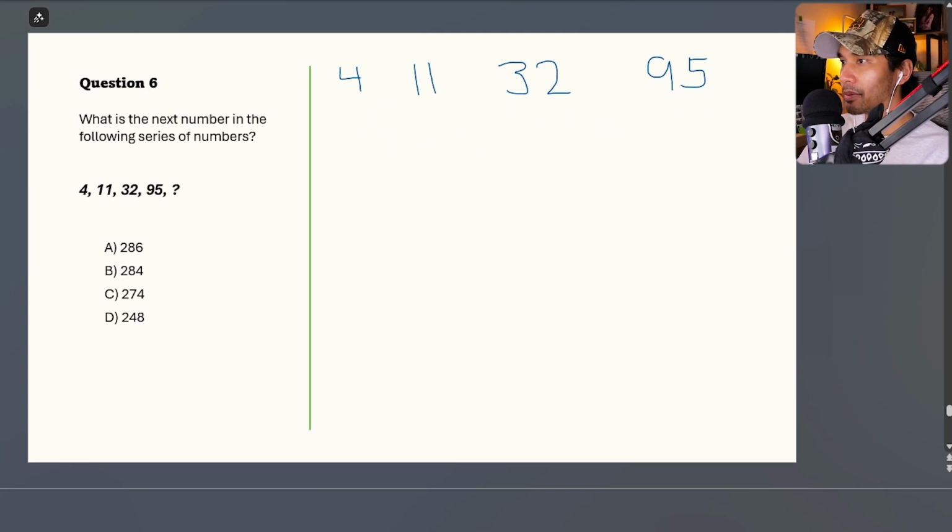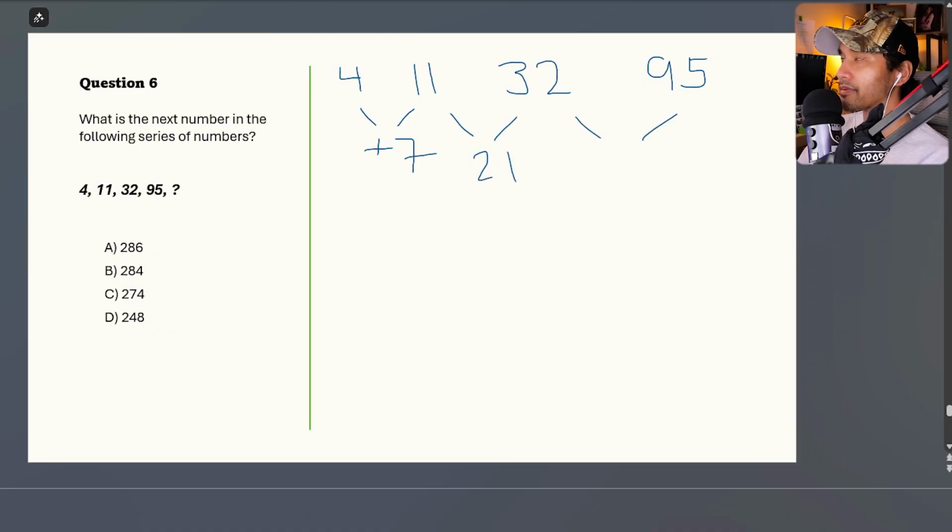It's nothing like we did before. And the traditional method of just finding the differences among the numbers won't work. But let's just try it just to test it out. So 4 to 11, that's plus 7. 11 to 32, that's plus 21.